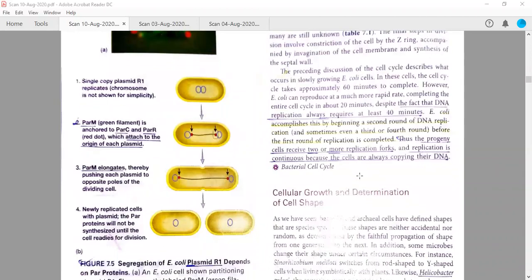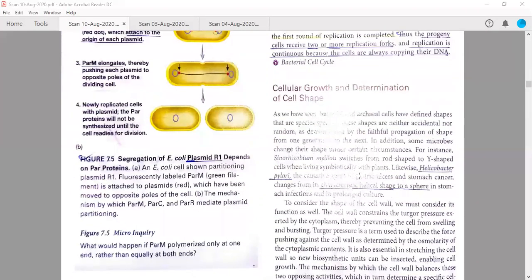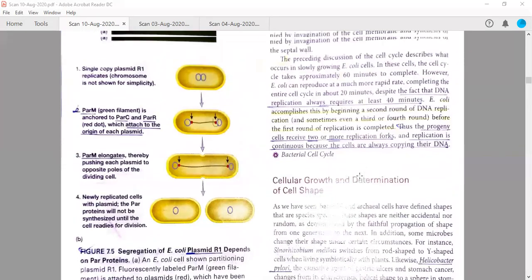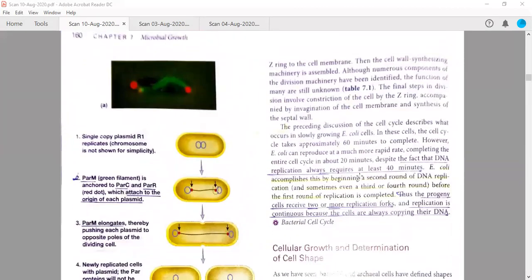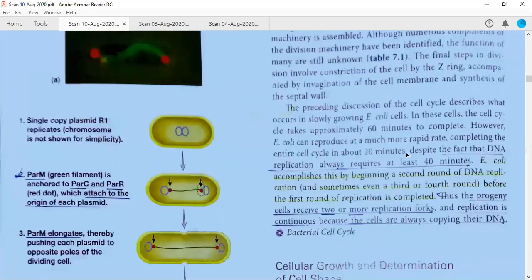Okay, so you may have one question: how is a bacterial cell able to divide every 20 minutes? Please read this out, you will get your answer.